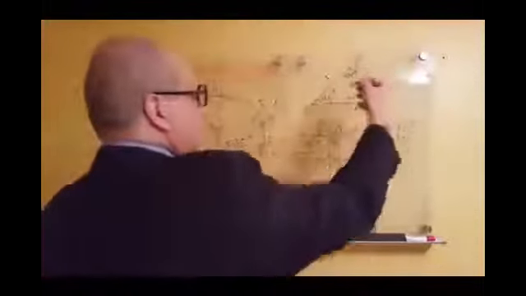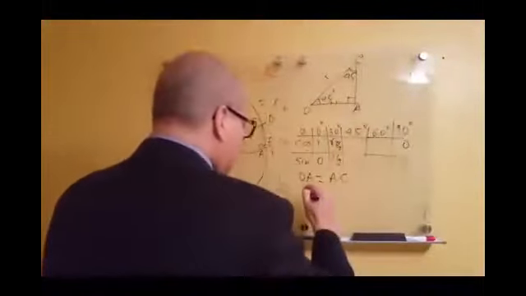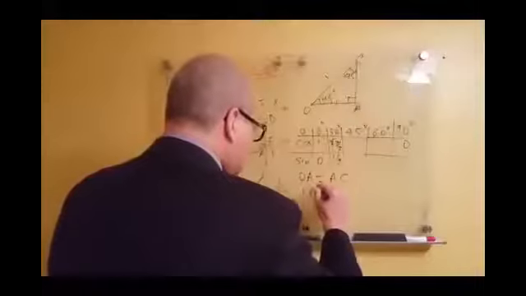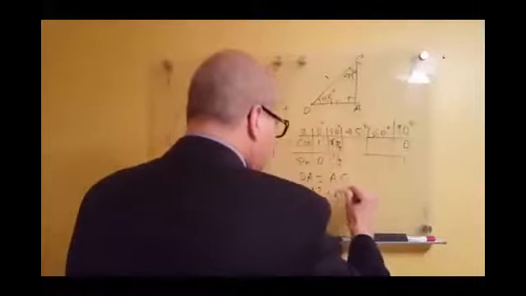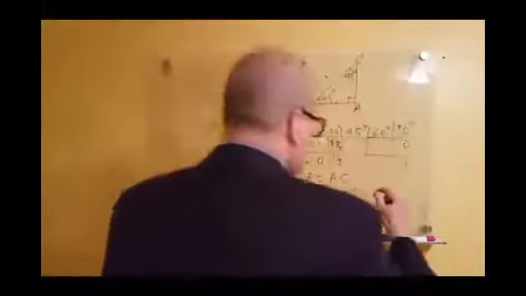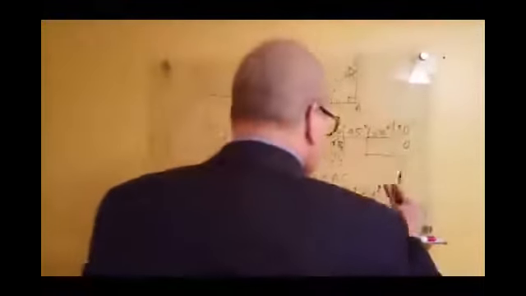And now if you apply again the Pythagorean theorem here, OA squared plus AC squared will give you the hypotenuse squared, which is 1 squared, so 1.